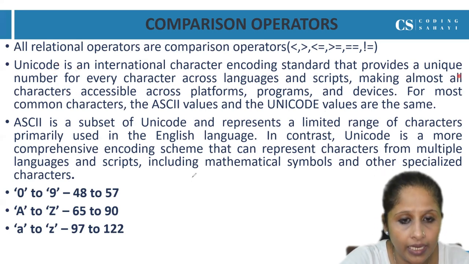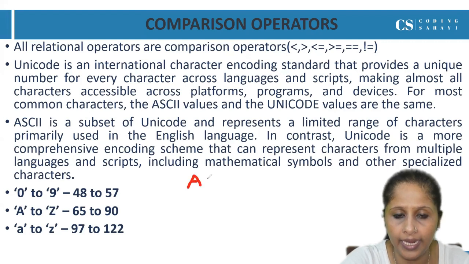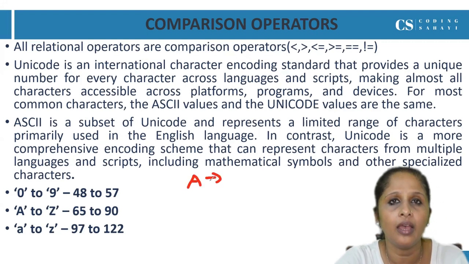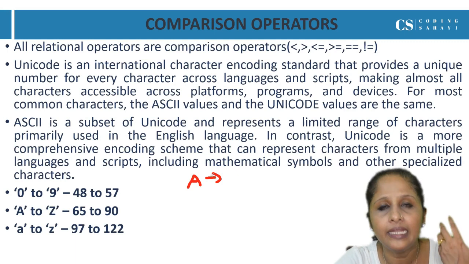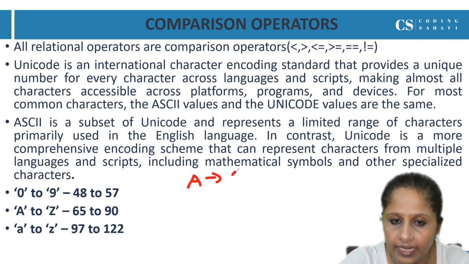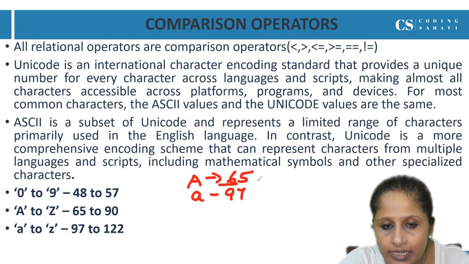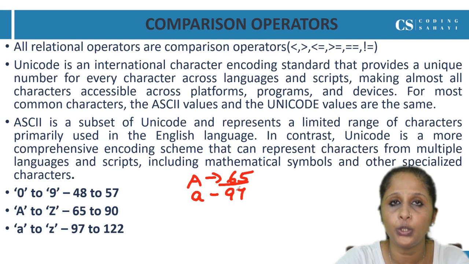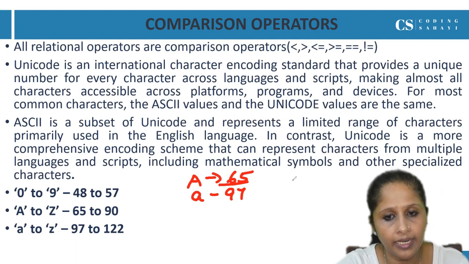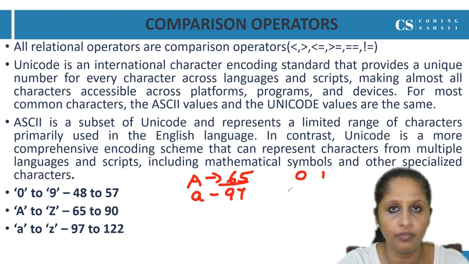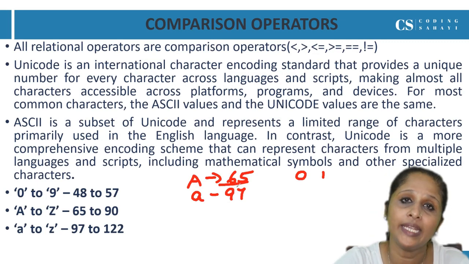If you are using a capital letter A, then there should be a code for representing this A. So for capital A it is actually 65, and for small a it is 97. Okay, so this 65 is converted to its machine language, in the form of 0 and 1. 65 is a decimal number, so that can be converted to its binary.